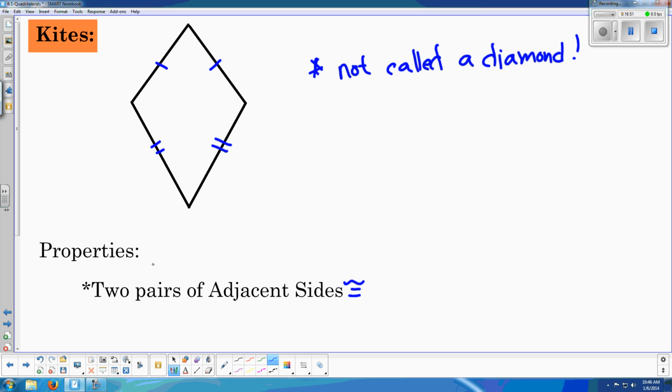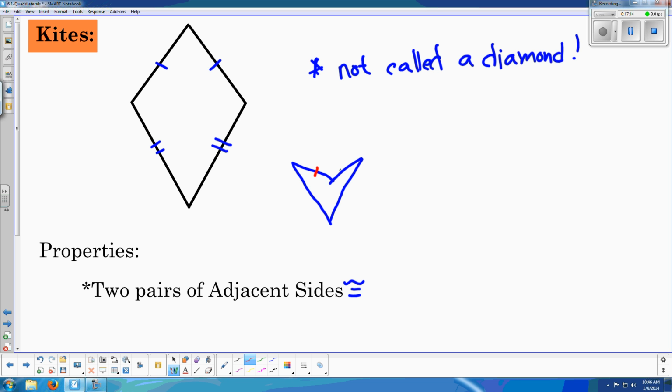Now, since the definition of a kite says that there are two pairs of adjacent sides that are congruent, we can also draw a kite that looks like this. We have adjacent sides that are congruent, and then it could be concave. Sorry, my picture is not awesome.